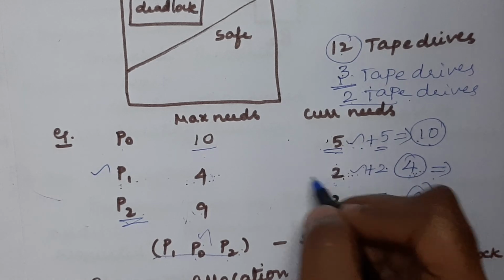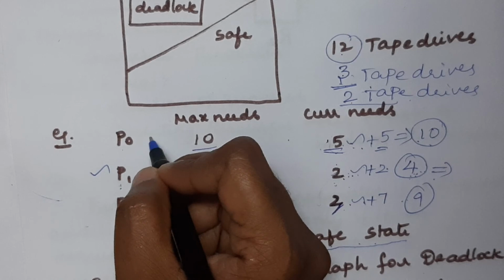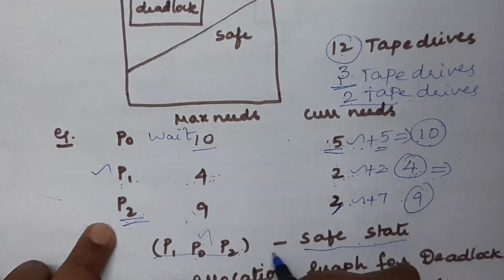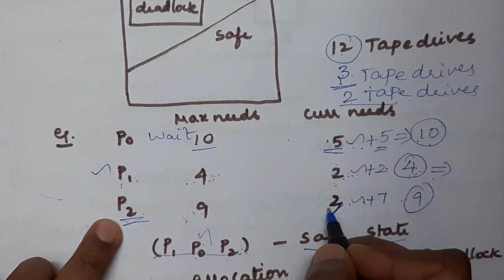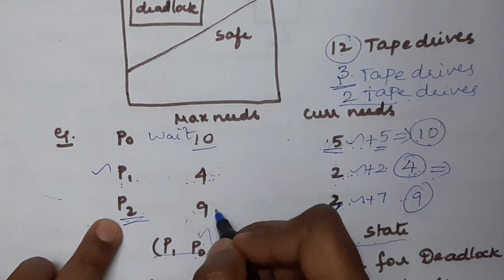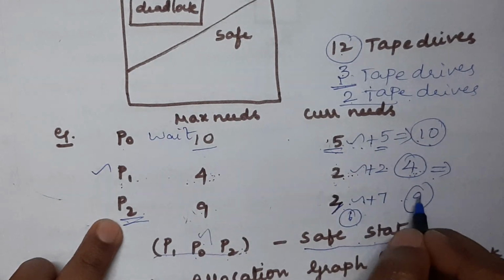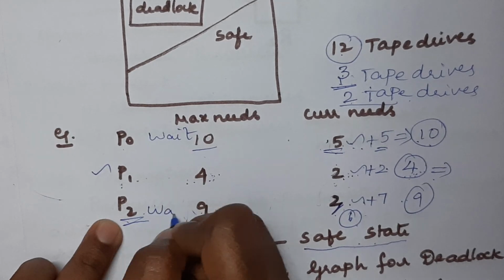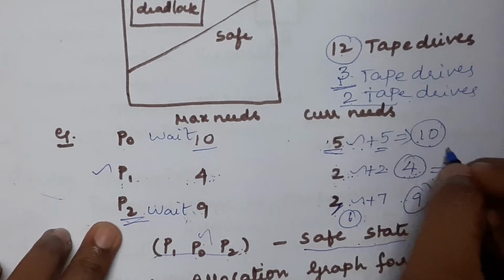We cannot allocate all the 5 resources, so P0 has to wait. Then we check the third process, that is P2. P2 has already been allocated 3, so it needs 6 more resources, but we have only 4, which we cannot allocate for P2 either. So it has to wait indefinitely, right? So it leads to deadlock.